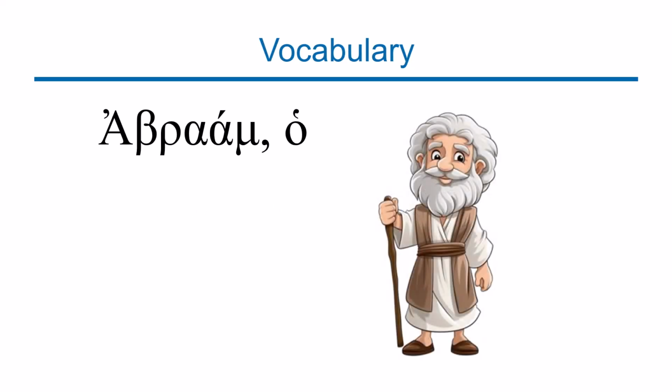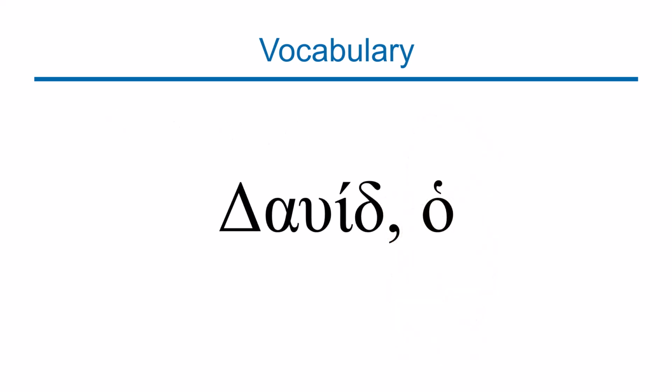The other word is Abram. Names of people always start with a capital letter. And Abram means Abram. So other words are very simple. If you can pronounce the words, it will give you a clue on what the word actually means in English. Next word is Dawid, meaning David.